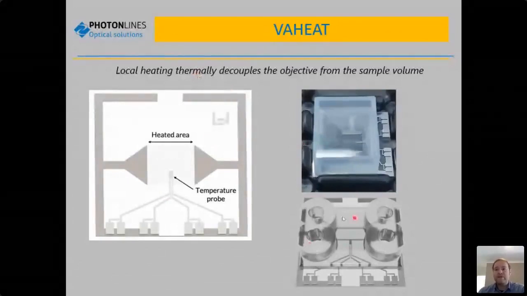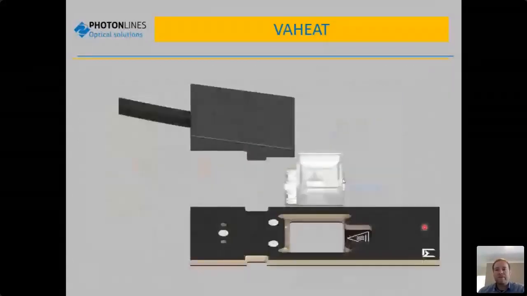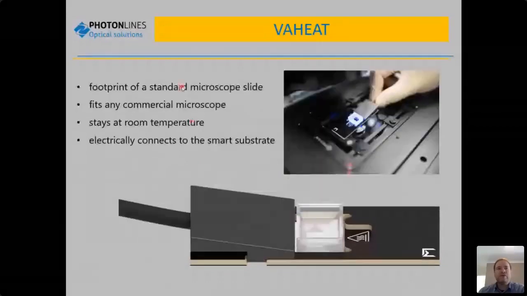So you can also have it with a reservoir, or this is a prototype for microfluidics. And it works simply. You have your microscope adapter here, which has the size of an objective slide. Then your smart substrate with a reservoir, and this is basically your driver connecting it to the controller. It has the footprint of a standard microscope slide.